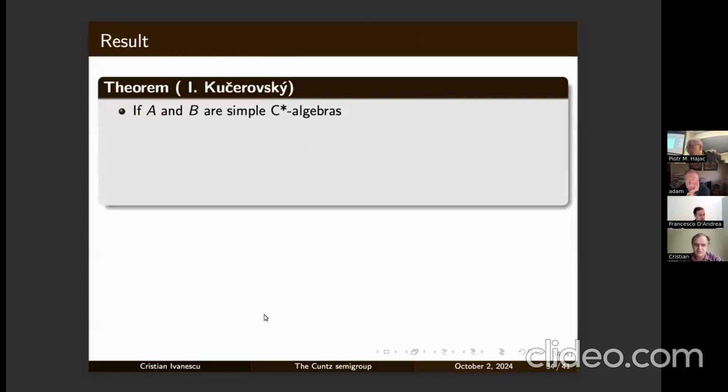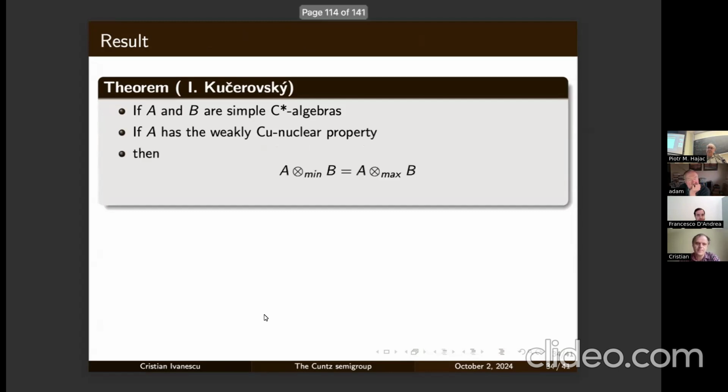What we were able to show is the following result. This is joint work with Dan Kucerovsky. So we show that if A and B are simple C*-algebras, and if I assume A is weakly Q-nuclear, so it has the property that I mentioned earlier, which is if I look at the max and min tensor product of A and B, the Cuntz semigroups of those are isomorphic, but the isomorphism is not necessarily induced by the quotient map, then we show that the minimal tensor product and the maximal tensor product are isomorphic.